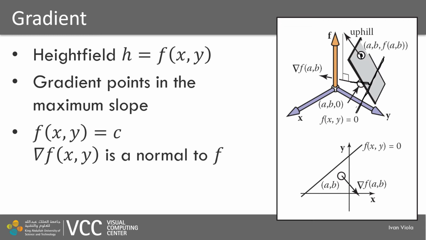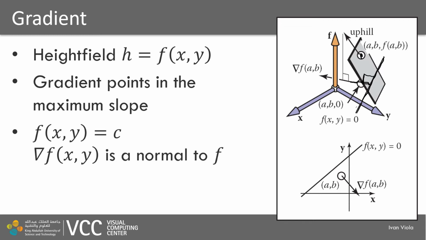It turns out that this direction of maximal increase of the functional value will be orthogonal to our line, which is the implicit line defined by f(x,y) equals 0.